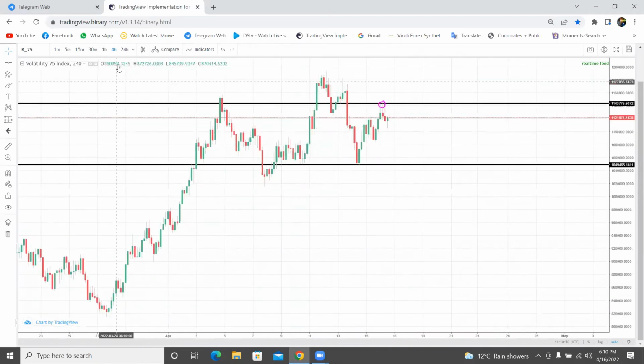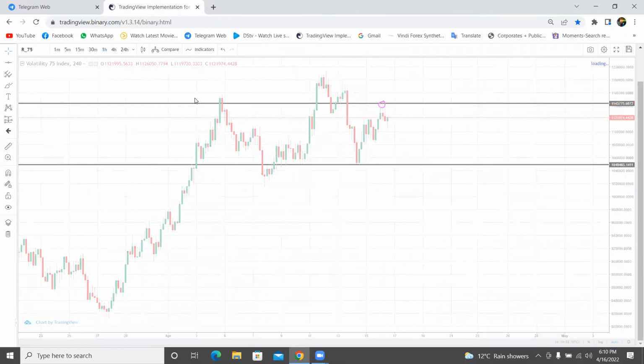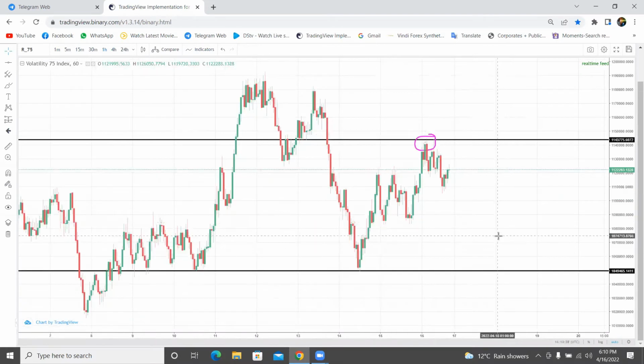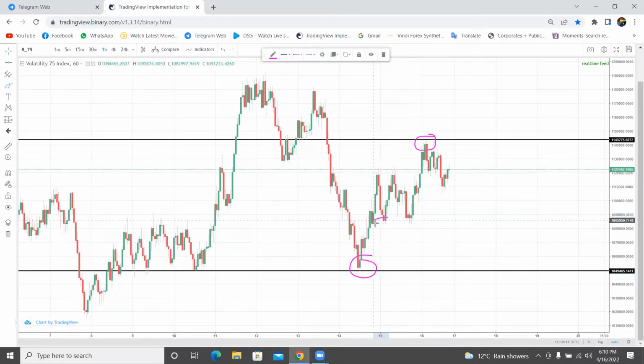So now I'm going to another time frame, maybe the 1 hour time frame. When I'm going to the 1 hour time frame, what do I see? I still see a trend that is showing me that the market is still going up like this. You understand? The market is going up, down, and up.